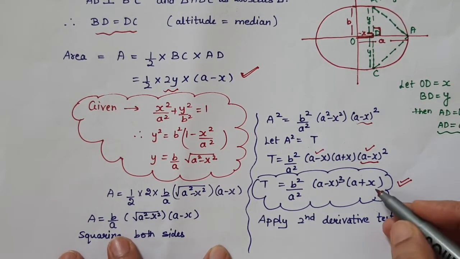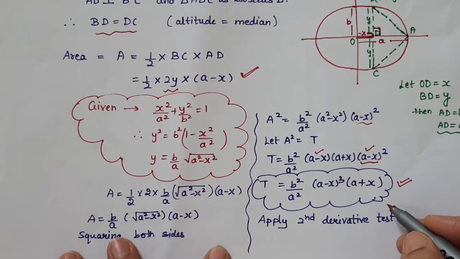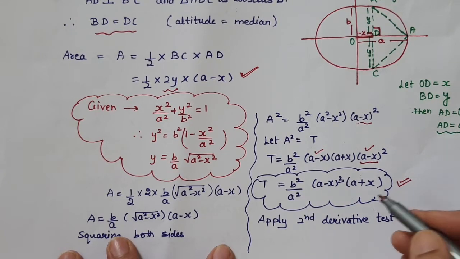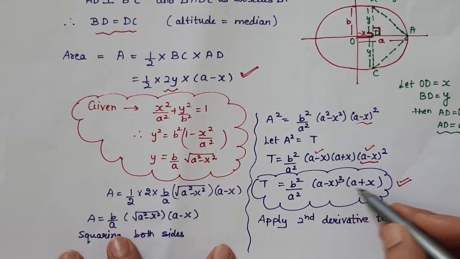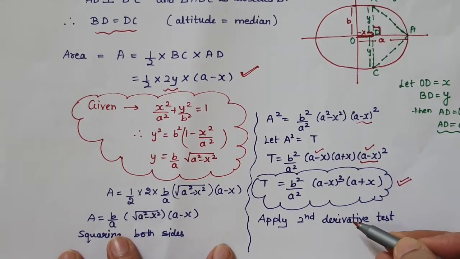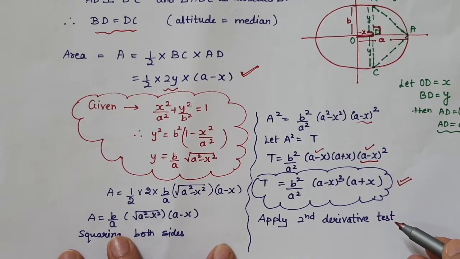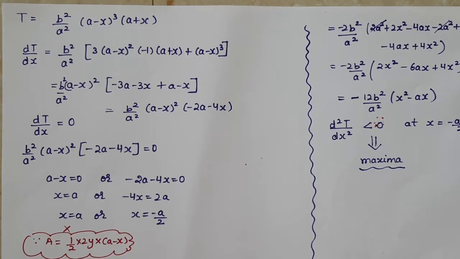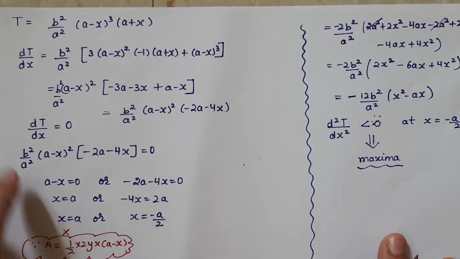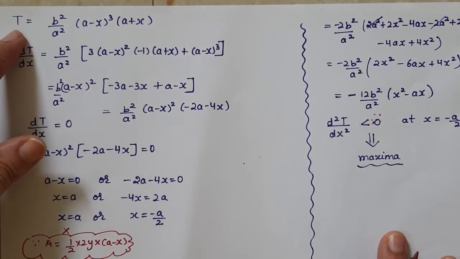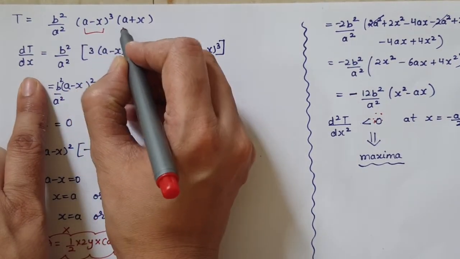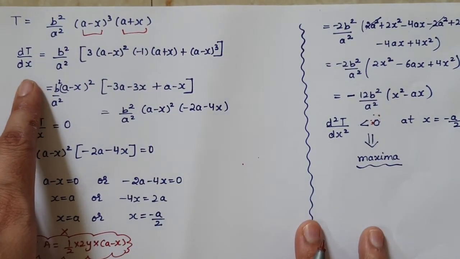So for applying the second order derivative test, what are the things that are needed? I need the first order derivative of T, then the second order derivative of T, and I will put dT by dx equal to 0 to get the values of x, as x is the only variable. So let us start with this procedure. Step number 1: this is the T equation. I am going to differentiate it with respect to x by applying the product rule on these two expressions.